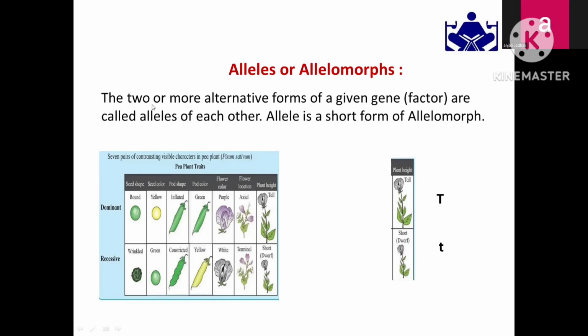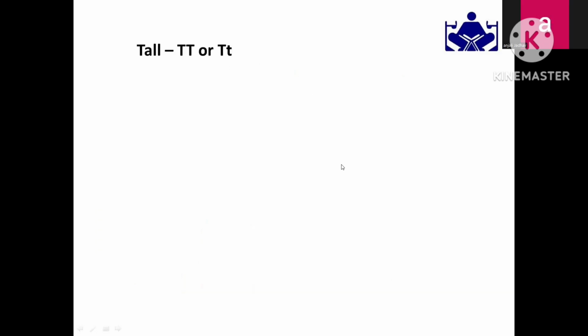So, allele मतलब क्या है? Two or more alternative forms of a given gene are called alleles of each other. Allele is a short form of allelomorph. The gene for tallness can be capital T, capital T, or capital T, small t.